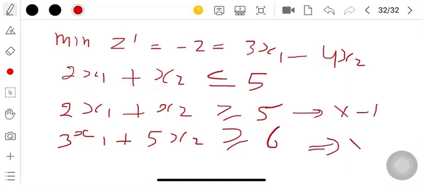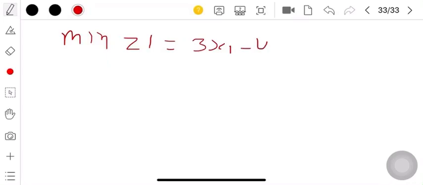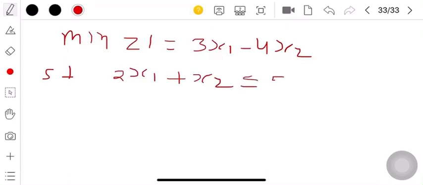After multiplying by -1, the problem becomes: minimize z dash equals 3x1 minus 4x2, subject to 2x1 plus x2 less than or equal to 5.